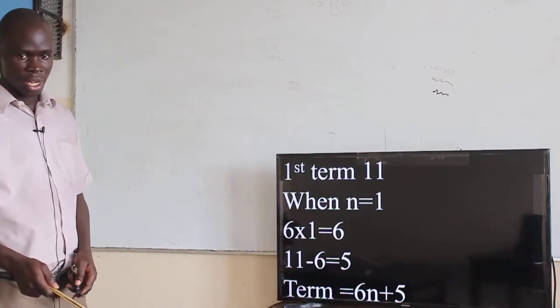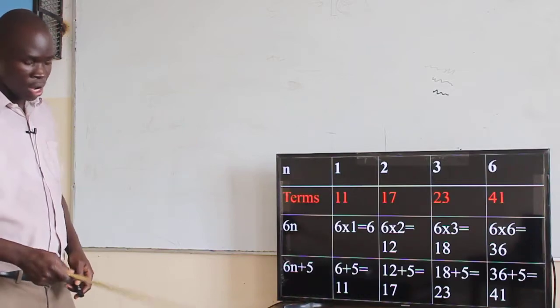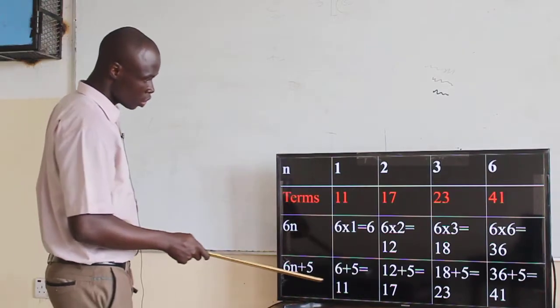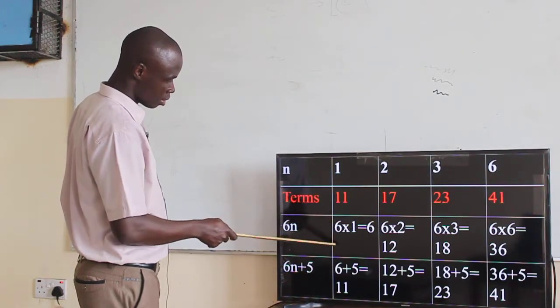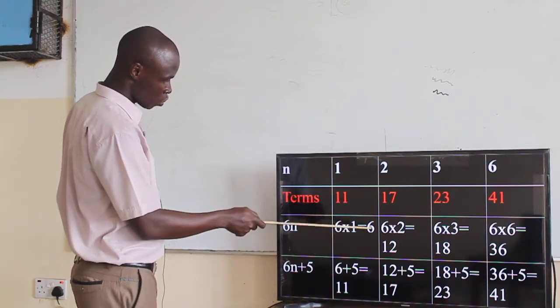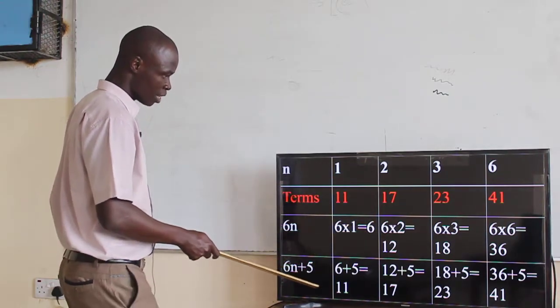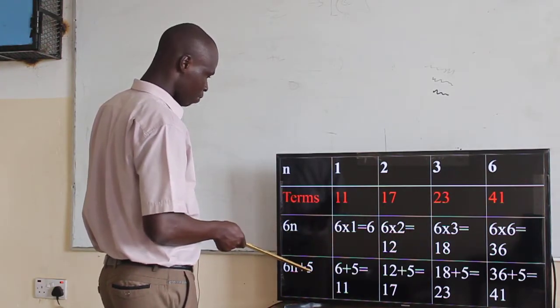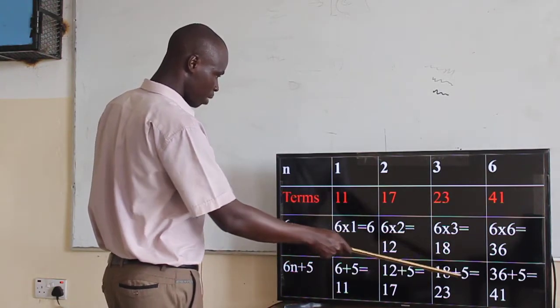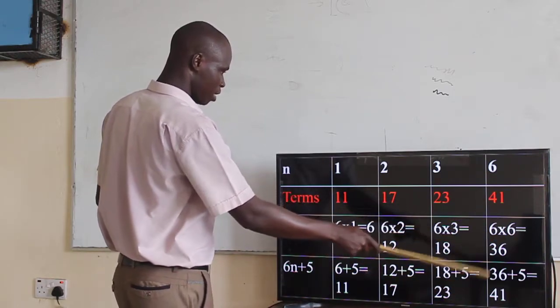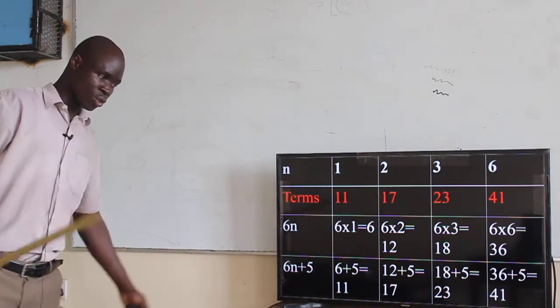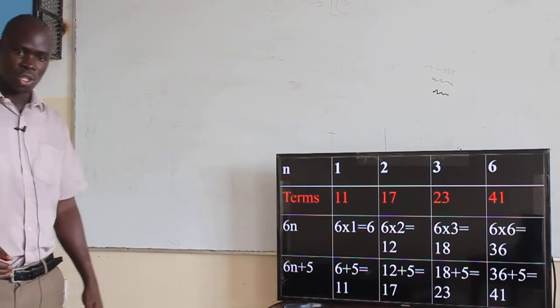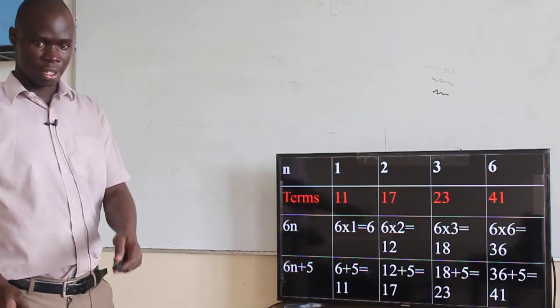So when you calculate, when n is 1, 6 plus 5, then you take 12 plus 5, then 18 plus 5, and 36 plus 5. Now when you do that, these are the values that you are likely to find.